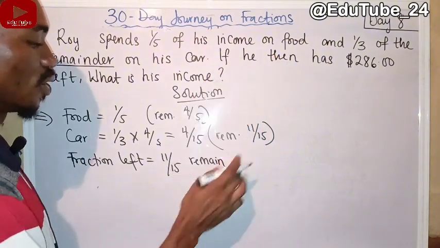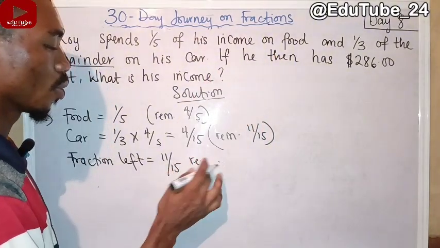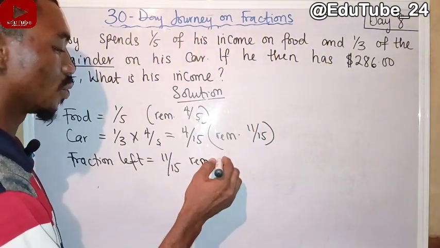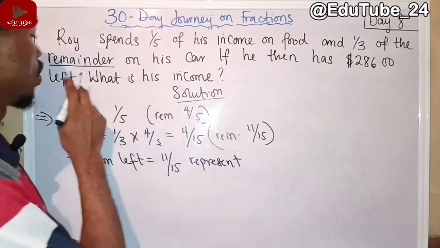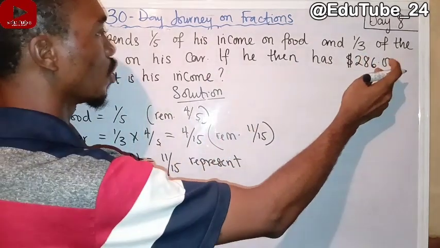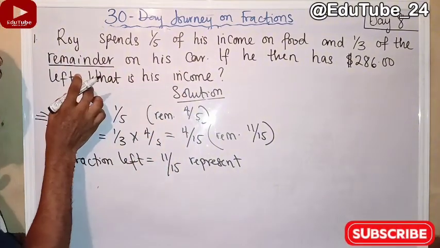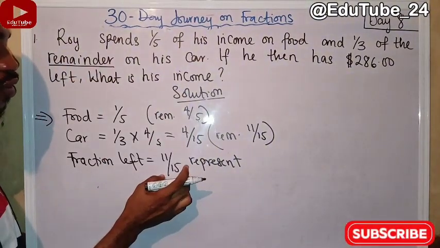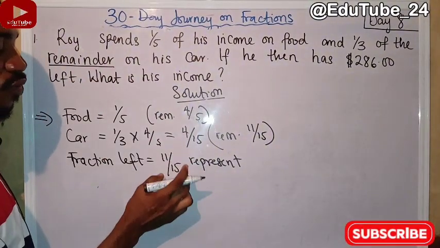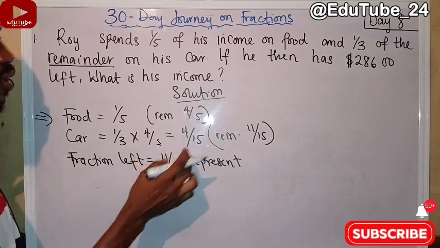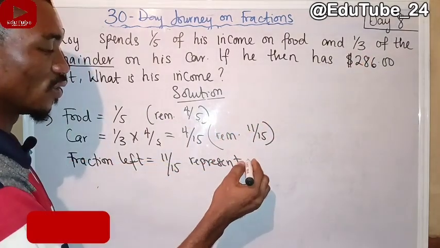So this 11 out of 15 represents the amount that is left. Now the question says if he then has $286 left. So this $286 that is left is equivalent to this fraction, which is 11/15. So 11/15 of the entire money is this $286.